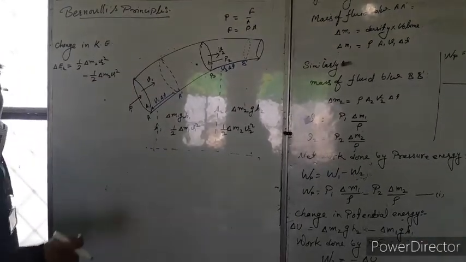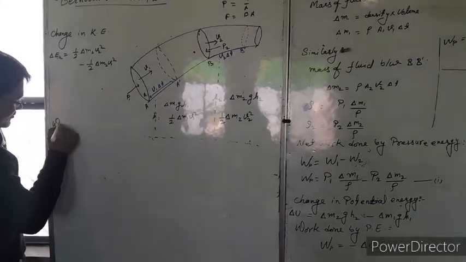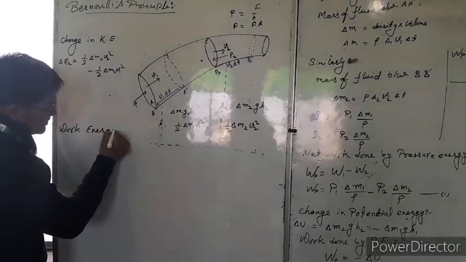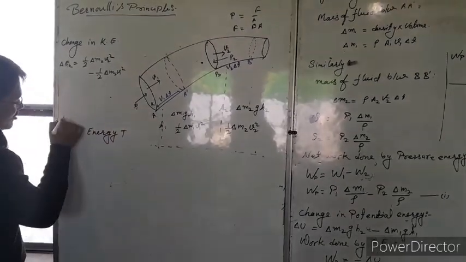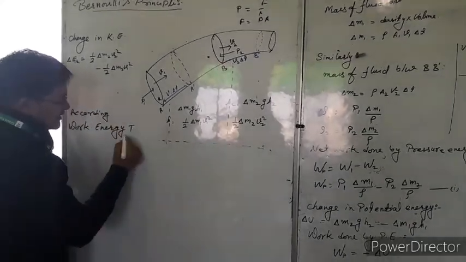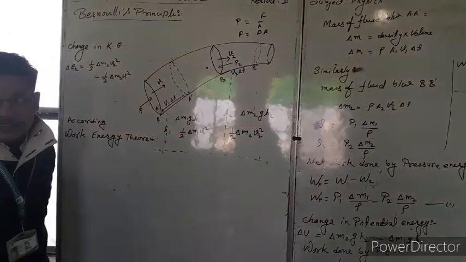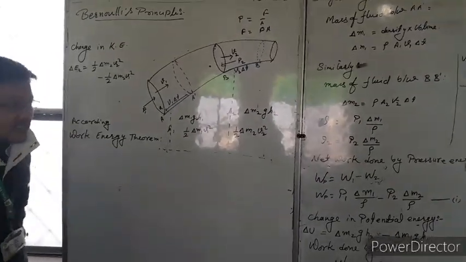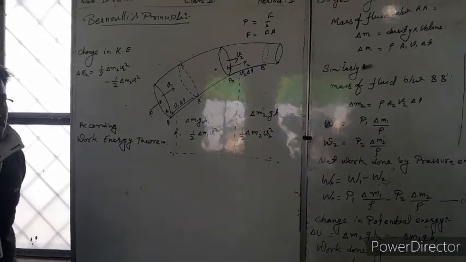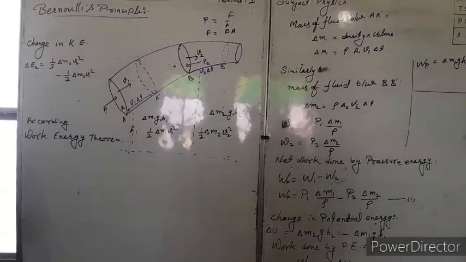Now, according to the work energy theorem, you already know what the work energy theorem is. According to the work energy theorem, total work done equals the change in kinetic energy.